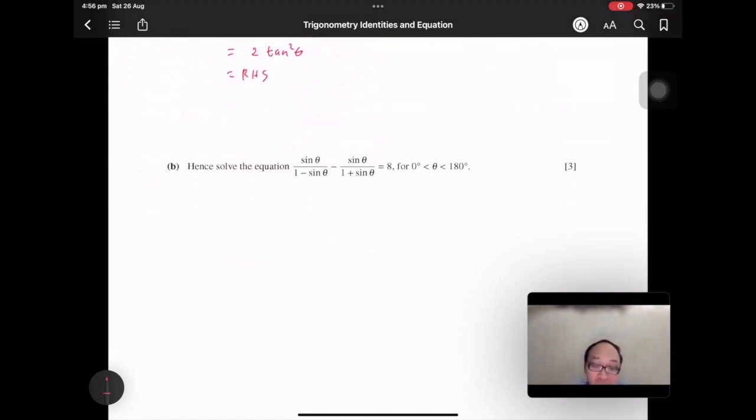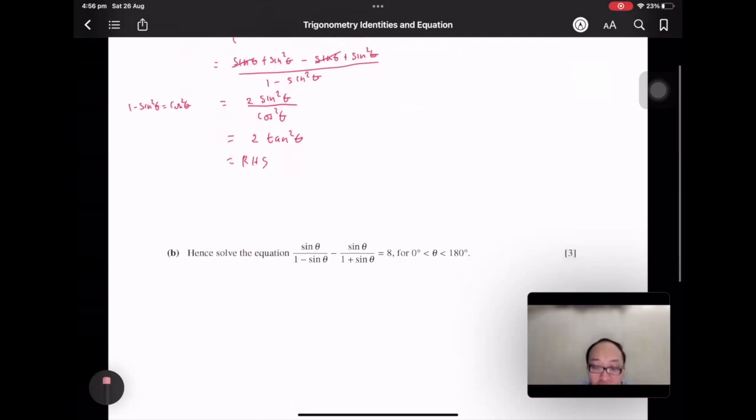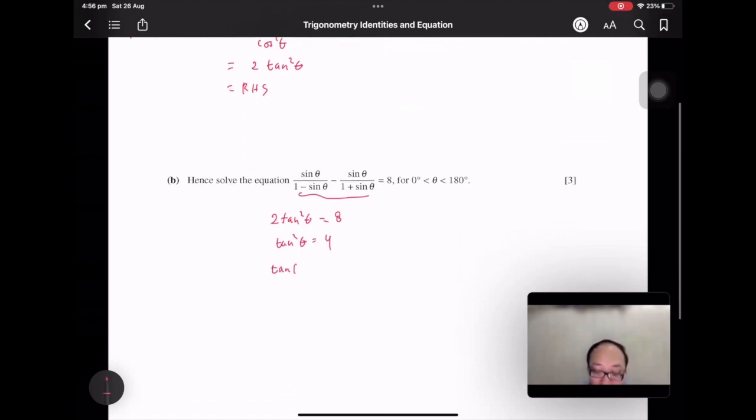Hence, solve the equation equals 8 for 0 until 180. So that means I can change this to tangent square theta equals 8. So tangent square theta equals 4. So tangent theta will be equal to 2, or tangent theta equals negative 2.